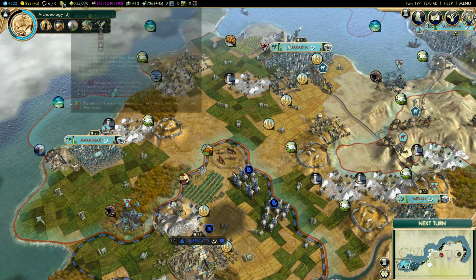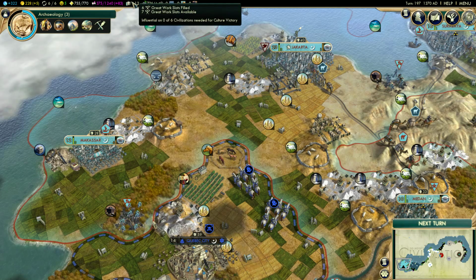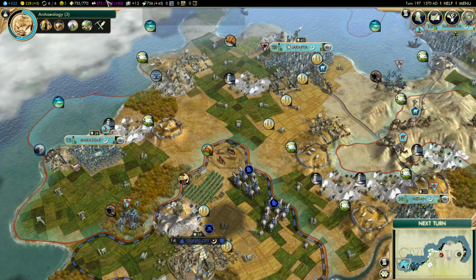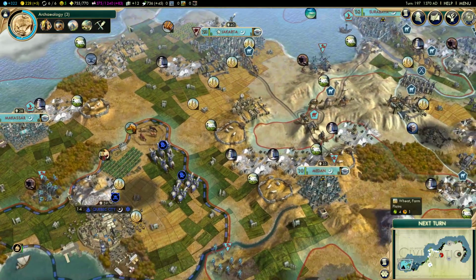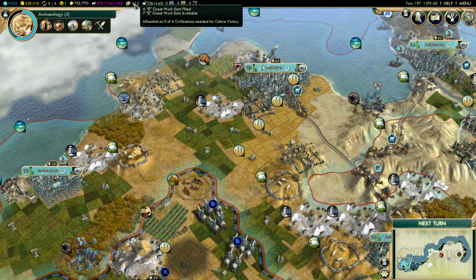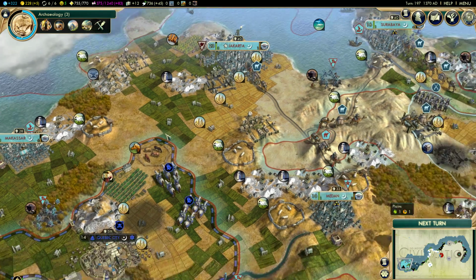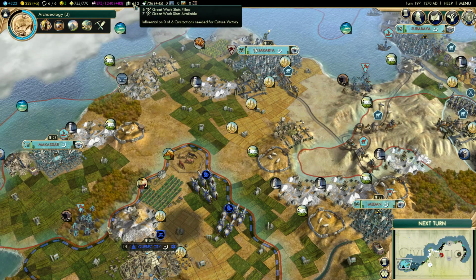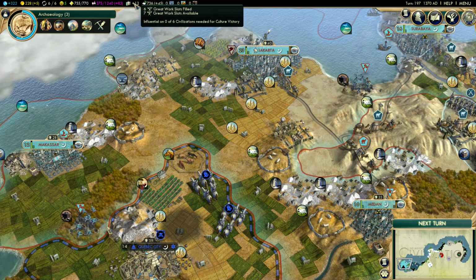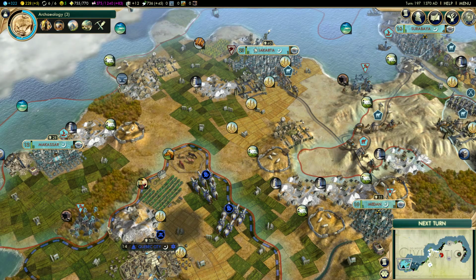So at the moment I don't have enough, but with say 14 or 15 happiness I would be very well protected against influence fluctuations, and that would be quite enough to protect myself for the rest of the game, I think.